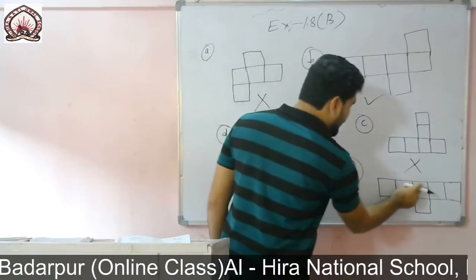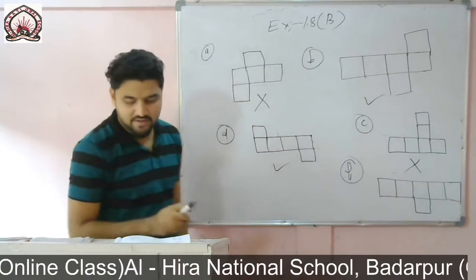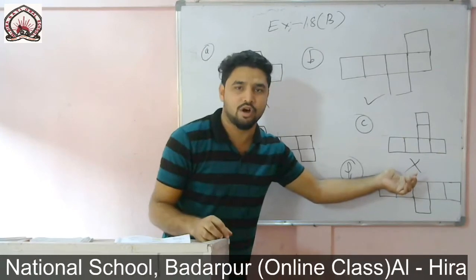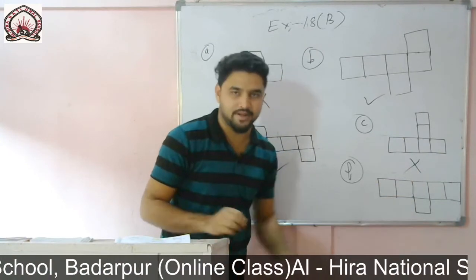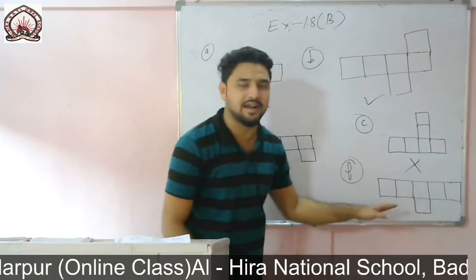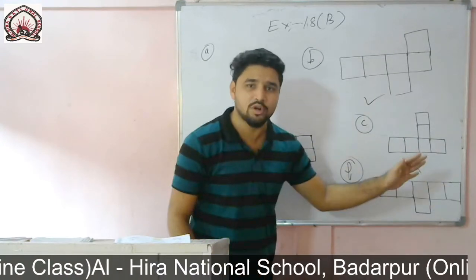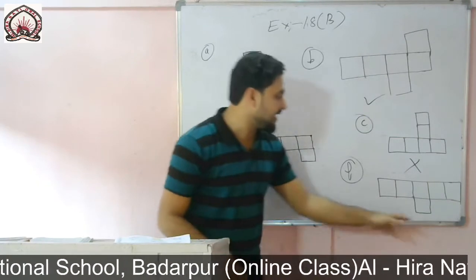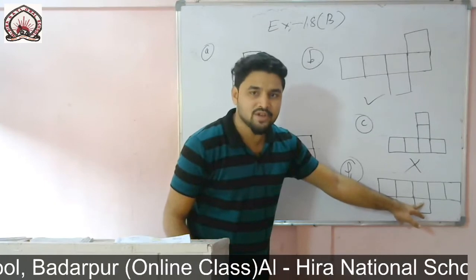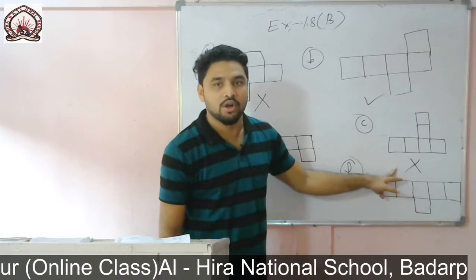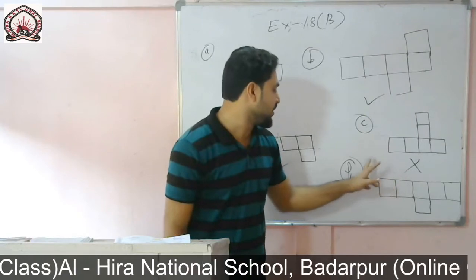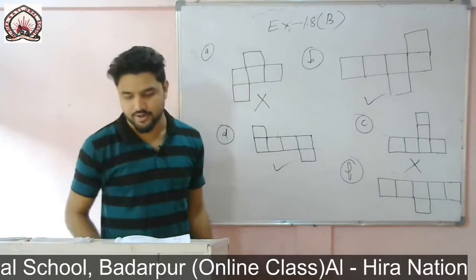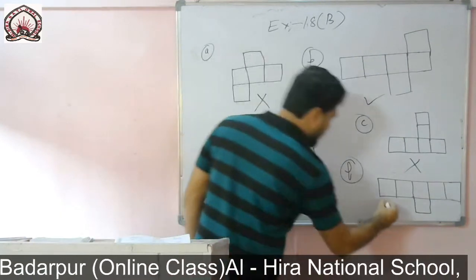But here 1 2 3 4 5, 5 boxes, and 1 bottom. So obviously top is not there, so it will remain open, because 4 sides are needed. Here 5 sides are there. One side will overlap with another side, and base or bottom is there, but top is not there. So this net will remain open. So in this case it is not possible.